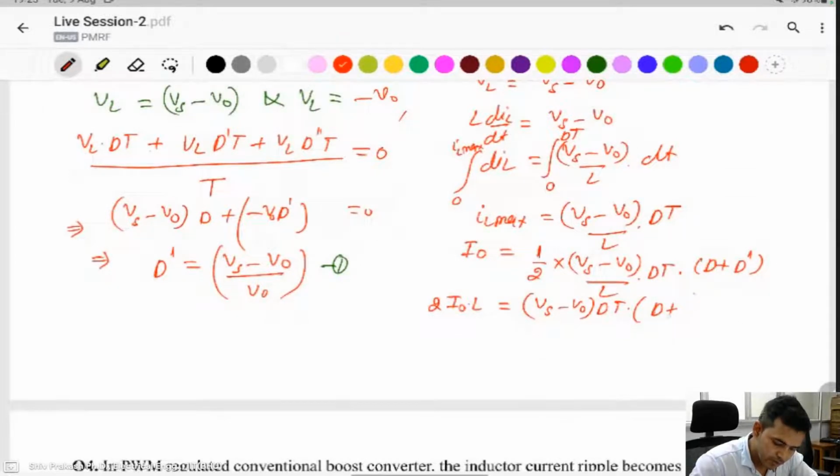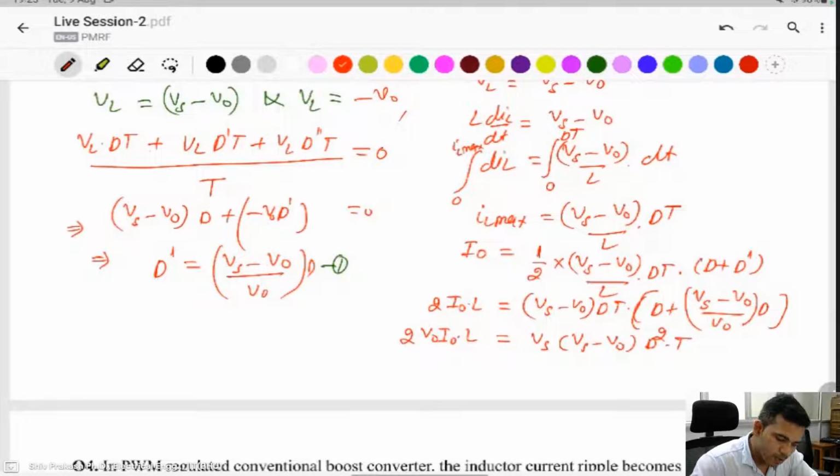Then you find Vs divided by V naught into d. If you solve this, you find 2 V naught I naught L is equal to, V naught cancels out, Vs into (Vs minus V naught) into d square. We observe this equation, equation number 3.